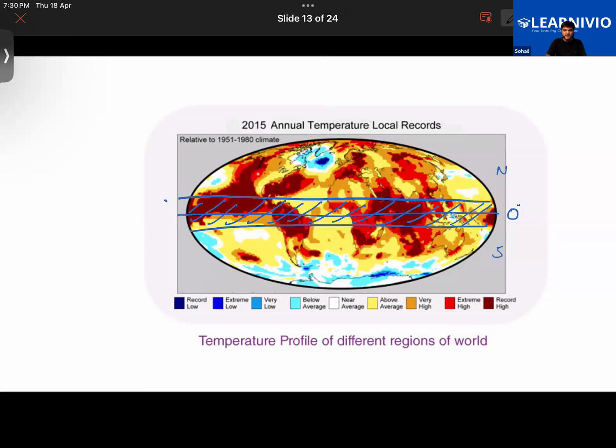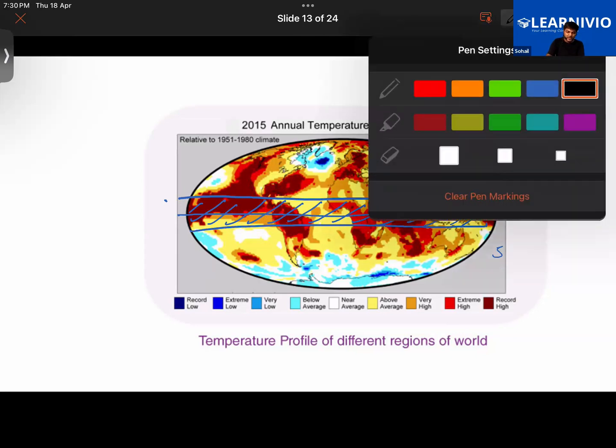And you will find that this part of the world has also experienced extreme temperature conditions. The answer to that is that the geographic conditions on Earth are not very uniform. At some places, areas are at a higher mean sea level, higher above the sea level. At some places, it is not that high from the sea level. So overall, the areas that are closer to the equator experience more heat.